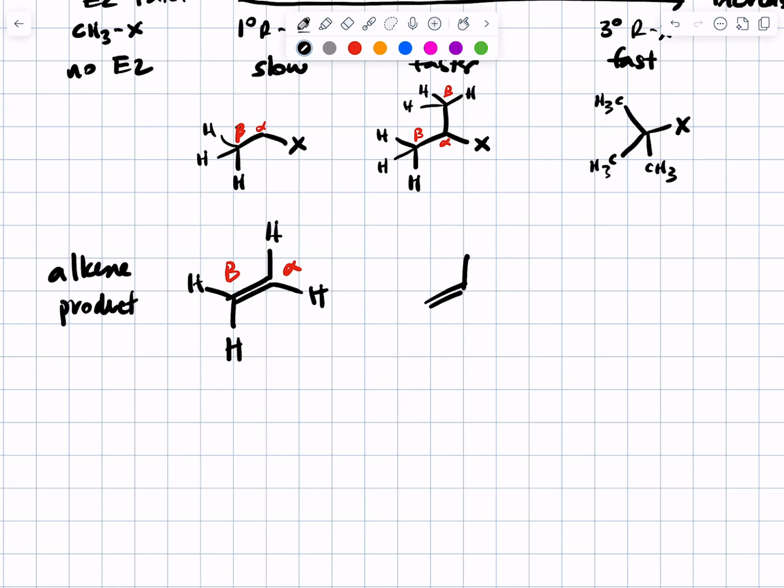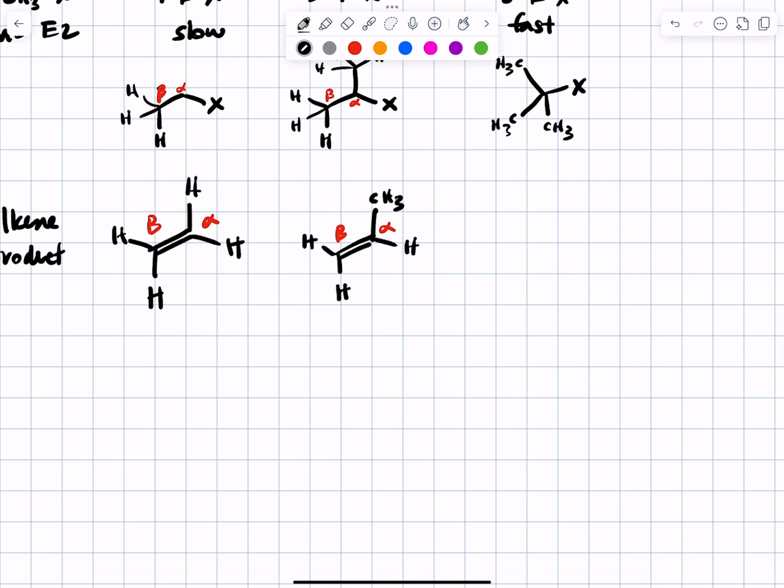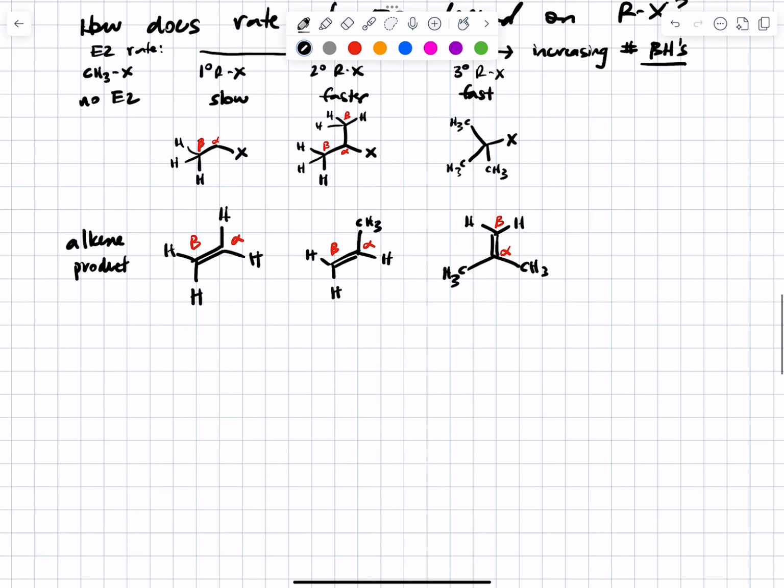For a secondary alkyl halide, you have this kind of alkene. And then for a tertiary alkyl halide, you have this kind of alkene. And one of the things you notice is that the products are getting more and more non-hydrogen things attached to the carbons of the alkene. We call that being more versus less substituted.